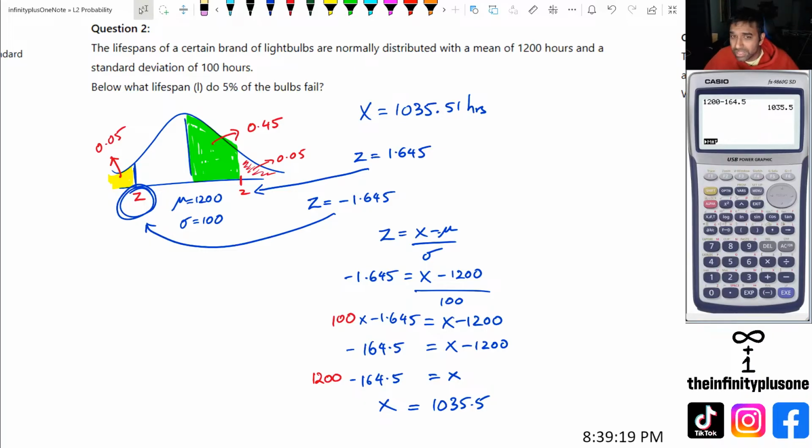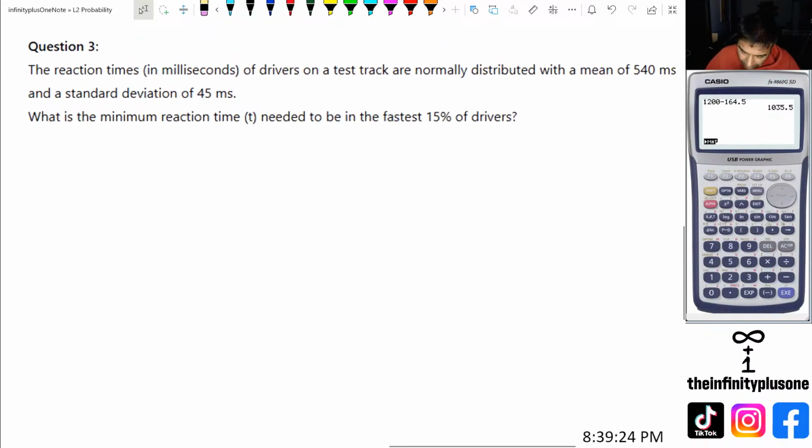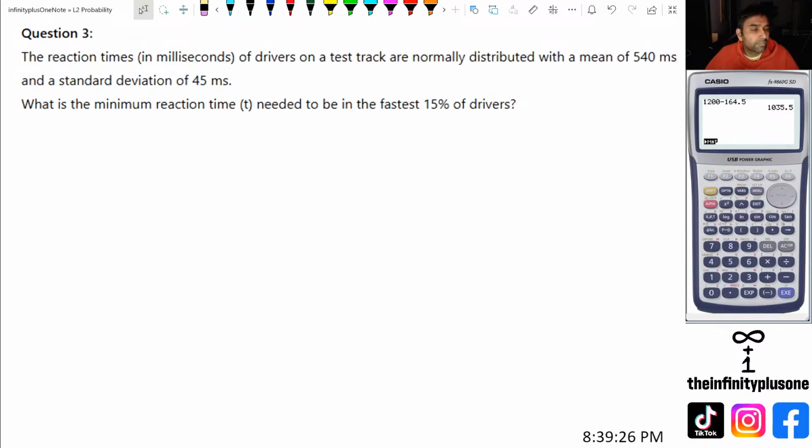All right, so I'm going to put up one more question here, question 3. I'm just trying to think if there are any other versions of this question.